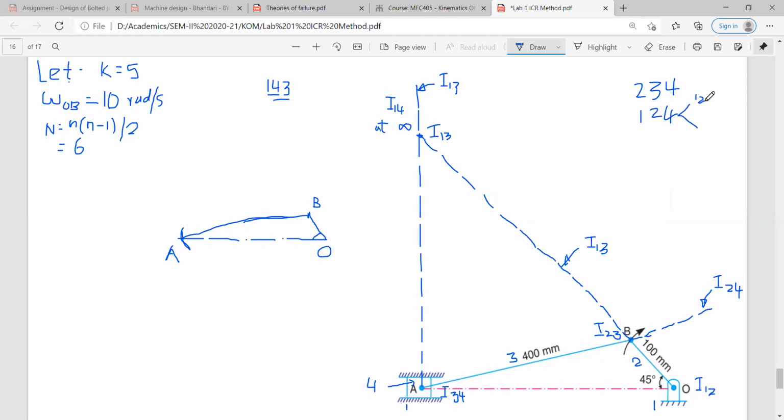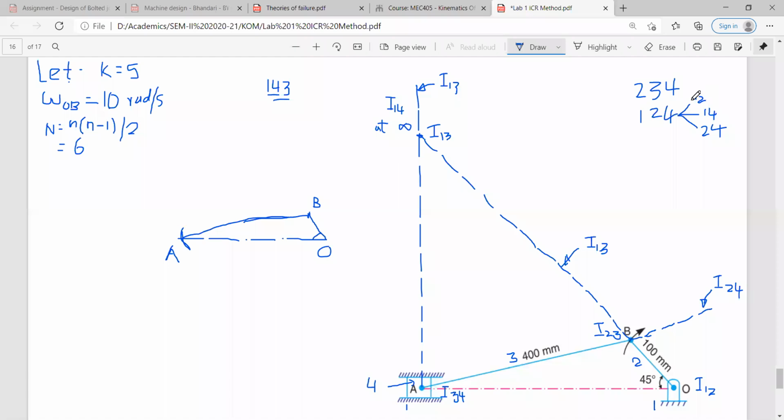So because of combination of these 3 links 1, 2, 4, okay, which 3 ICRs will be there? 1, 2, 1, 4 and 2, 4. Okay, so for this particular combination, we are getting these 3 ICRs, out of which 2, 4 we don't know, just we know that it is on this line.